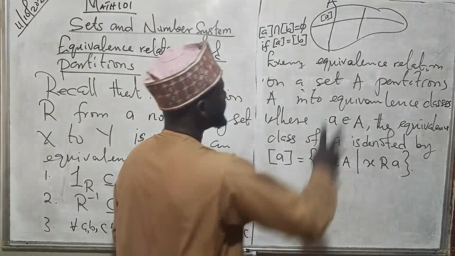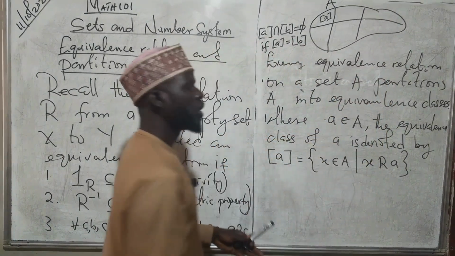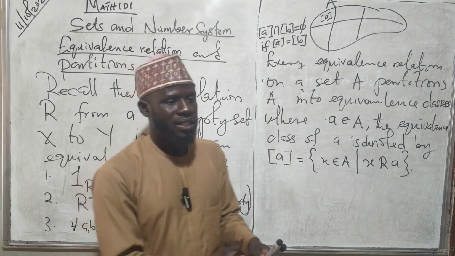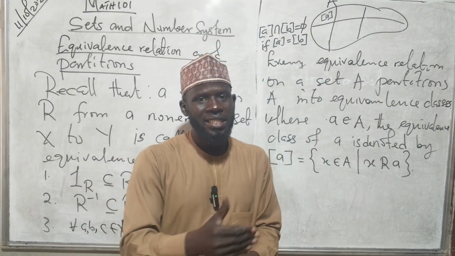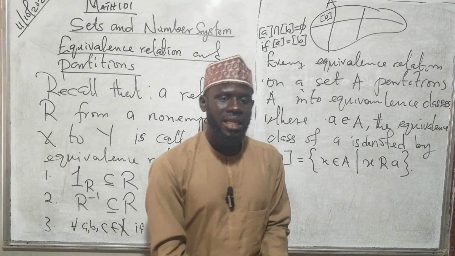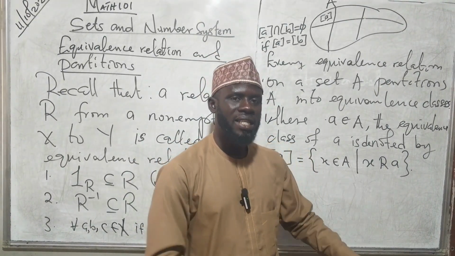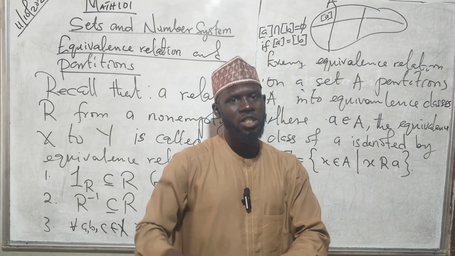And you see, this equivalence relation induces a partition on a set. Given any equivalence relation, you can always find a partition of the set into equivalence classes. Now give me a partition, I can always find an equivalence relation that defines such partition.